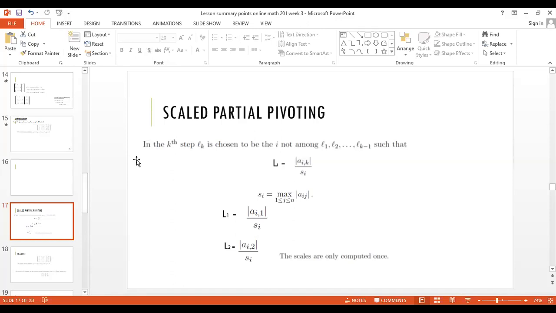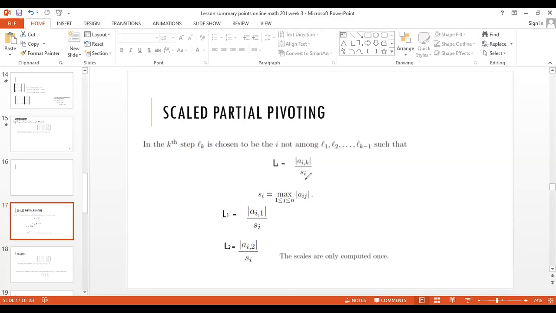And we also did mention that the scale pivoting technique helps us to avoid a minimal value of a pivot, because it will always select the optimal value of your li.